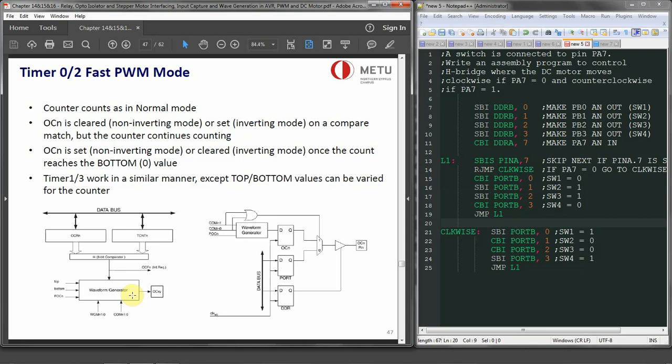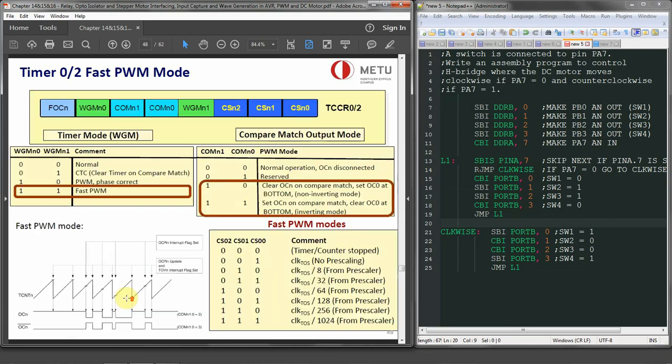Now with the fast PWM, this is what it's actually doing, and we can demonstrate this with a couple of figures. For example, in the timer 0 or timer 2 control register, we have the WGM modes, where we can select fast PWM, which is 1-1, and we can use the compare match output mode.